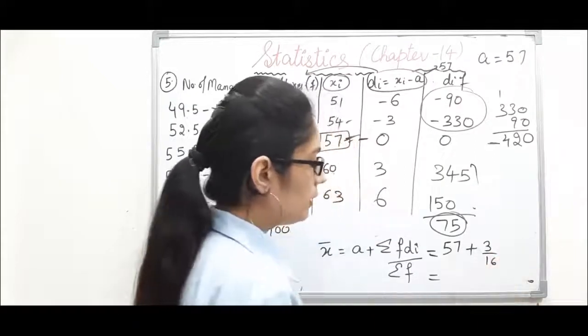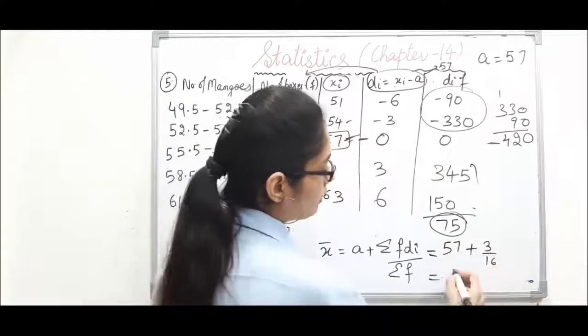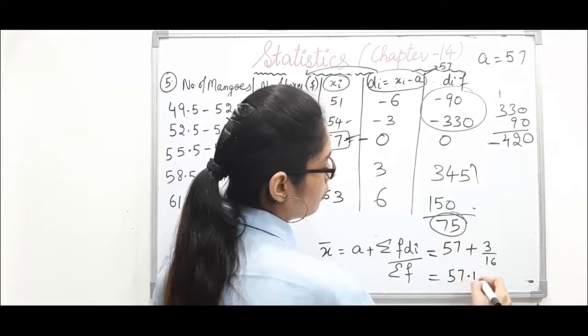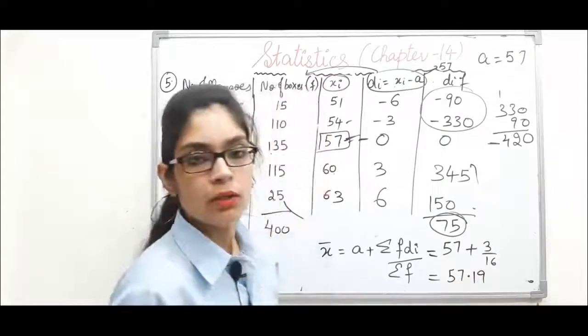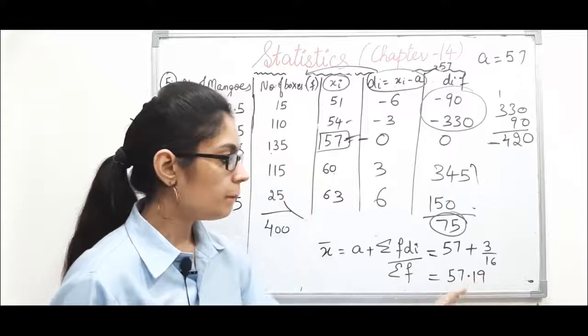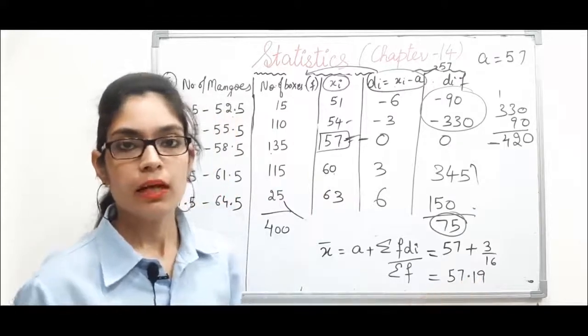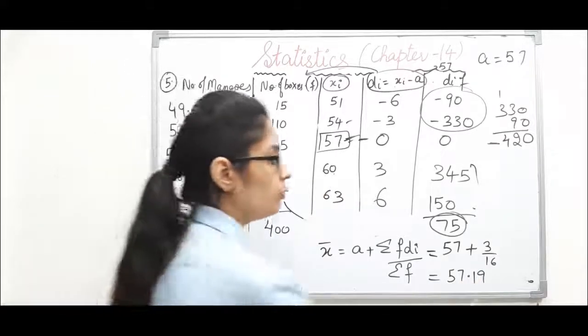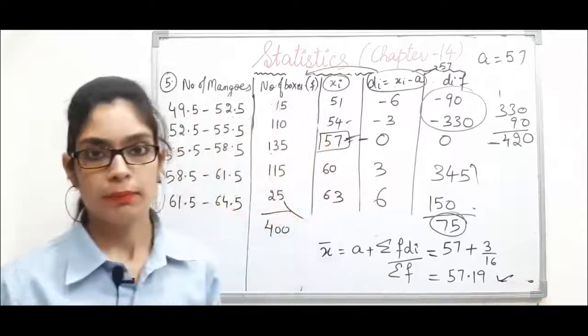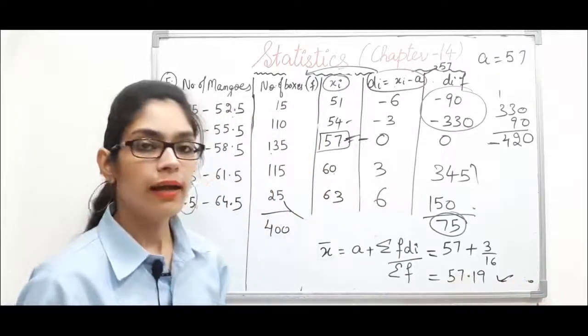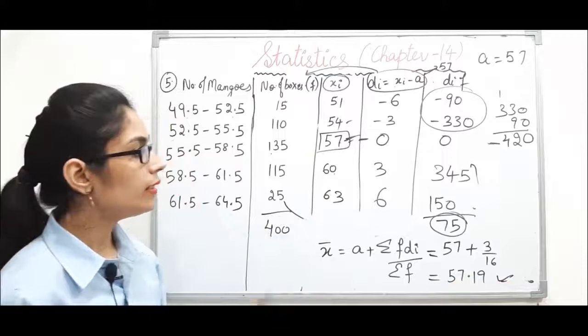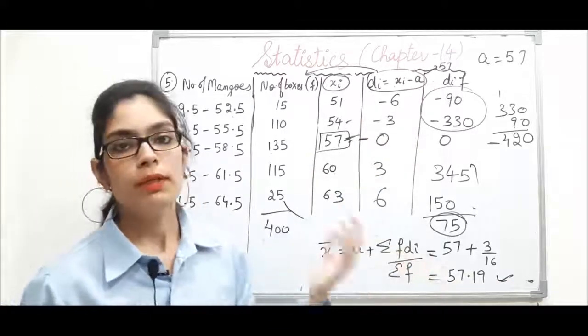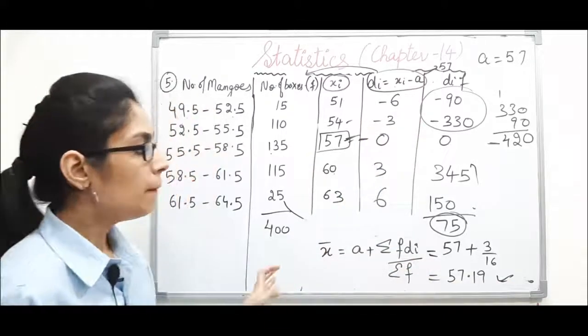This you can divide, and once you add this you will again get 57.19. You can see now by direct method also we got this, and by assumed mean method also we have got this. The answer we will get same, but the only thing is the calculations will become easier in this case.